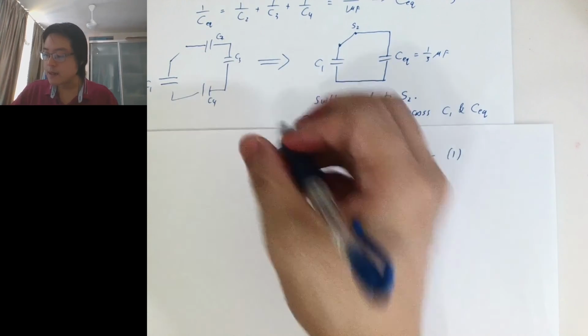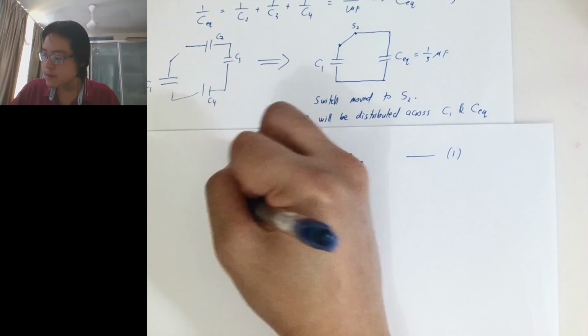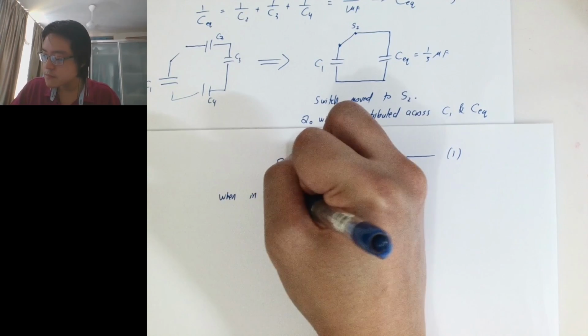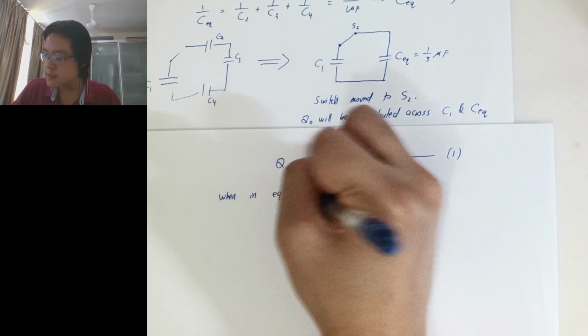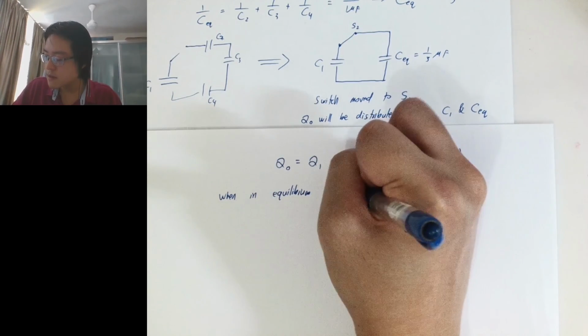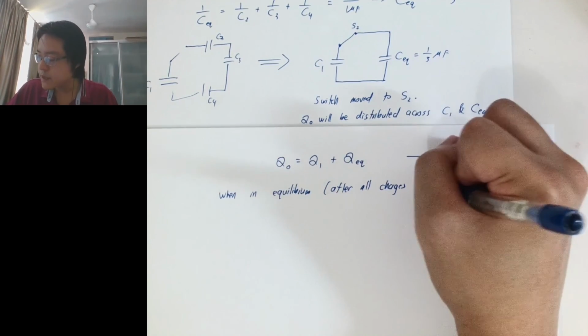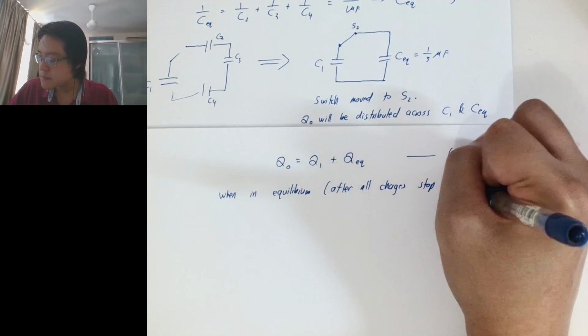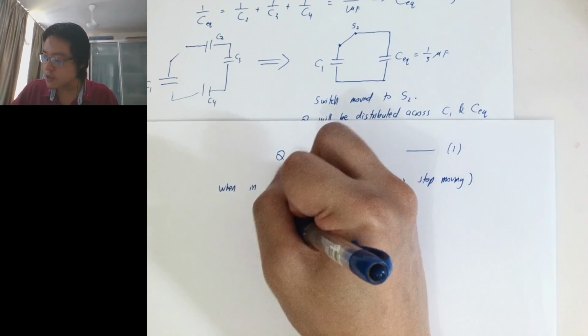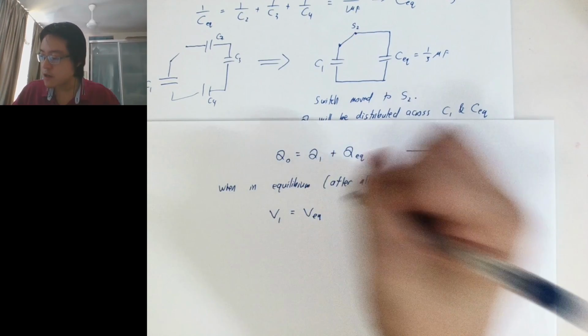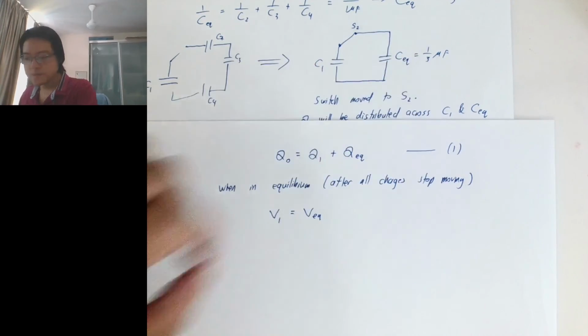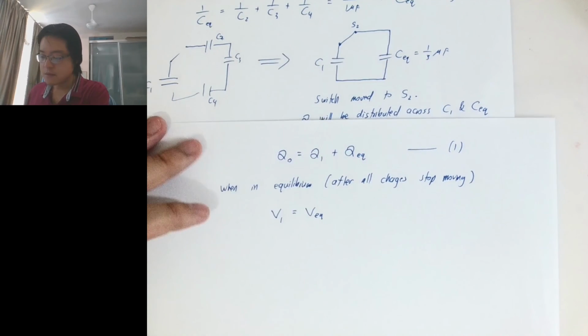And then when in equilibrium, meaning after all the charges stop moving, the potential on capacitor 1 is equal to the potential on the equivalent capacitor, right?